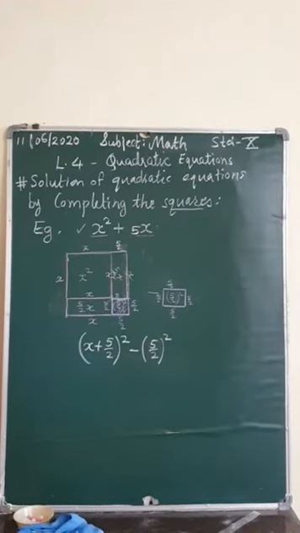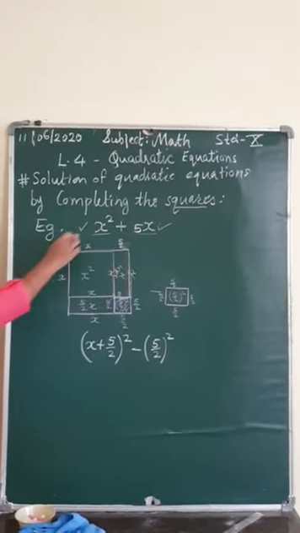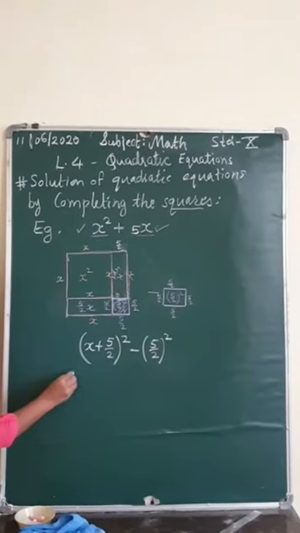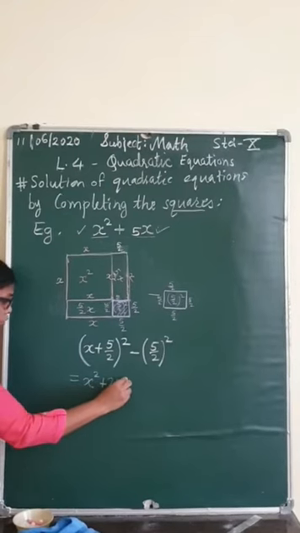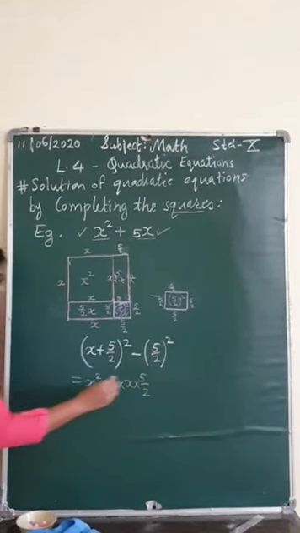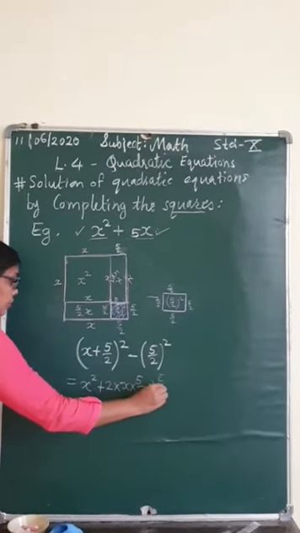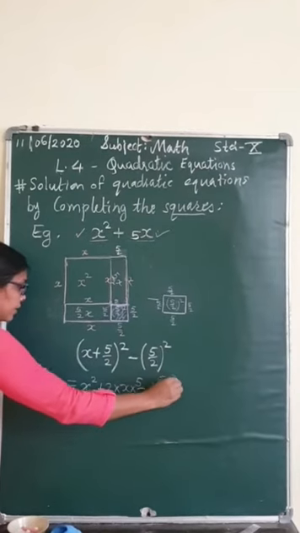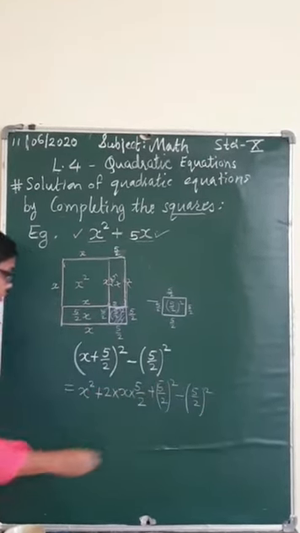Now if you solve this, we will get the same quadratic polynomial. Let's solve this. x square plus 2 into x into 5 upon 2 plus 5 upon 2 whole bracket square minus 5 upon 2 whole bracket square.